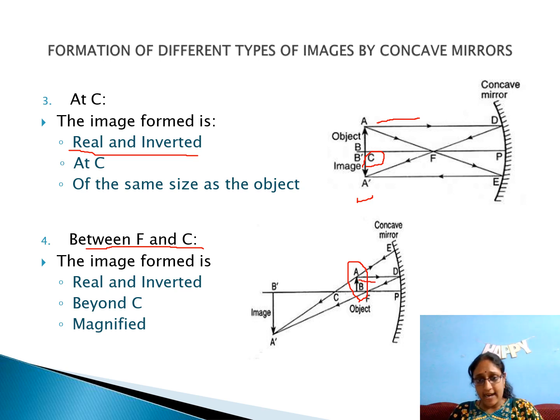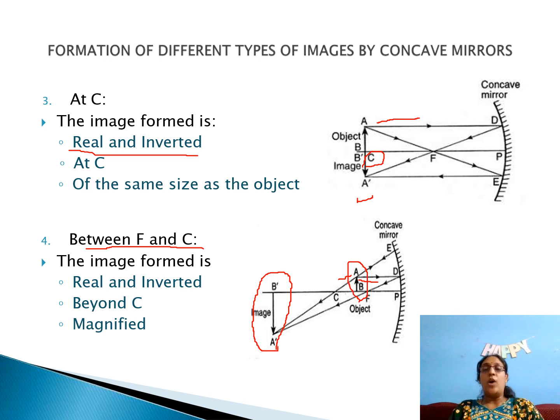A ray parallel to the principal axis just passes through the focus. There you get the image A prime. And a ray which passes through the center of curvature retraces its path again. So there you get the image A prime, B prime.